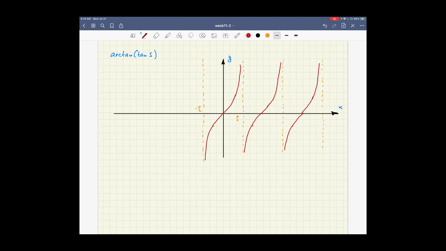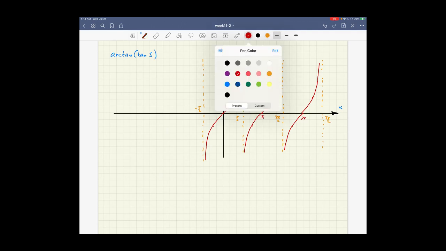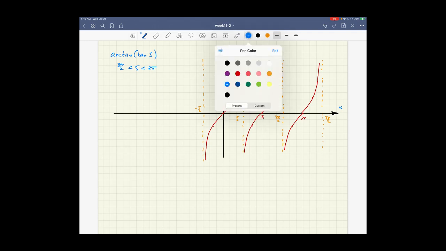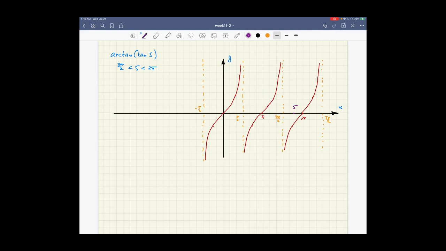Now, this is pi, this is 2 pi, this is 3 pi over 2, this is 5 pi over 2. Again, 5 we know is between 3 pi over 2 and 2 pi. Doesn't matter where exactly, say this is 5.